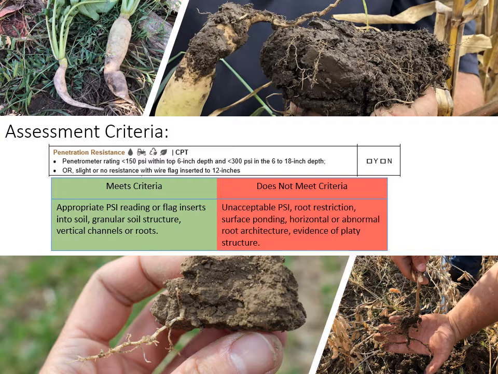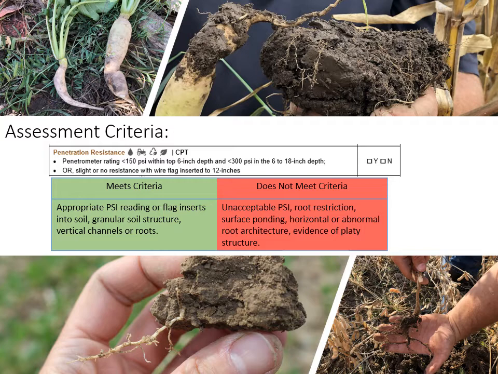That being said, one of the things I do like to do is, when I dig my hole and I have my soil profile and I've cleaned it off, I've looked at it and I see these horizontal fractures, I do like to use a penetrometer or a flag to confirm that in the field. As I'm pushing those tools into the ground, I find the place where I'm hitting some resistance and I put my hand against the ground right where that wire is and pull it up and look at that depth and compare it to the soil profile.